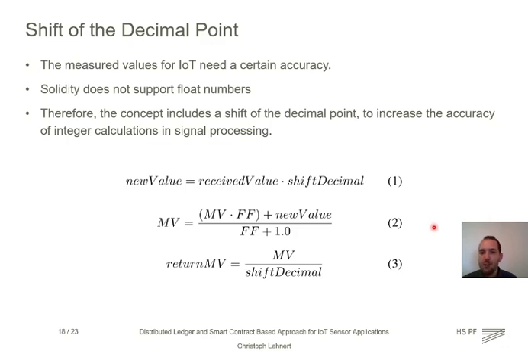If the number of possible measured values k is bigger than 100, then we must shift the decimal point for the calculation by 4 digits in Formula 1 and 3 to achieve mathematically an accuracy of at least 99%. The result is then rounded to a natural number for output in Formula 3.